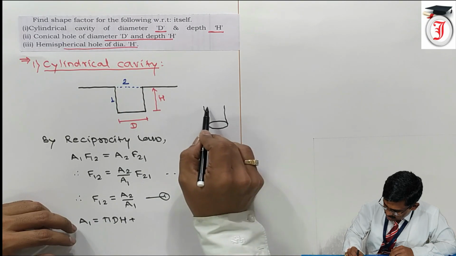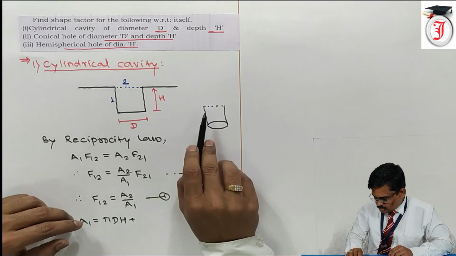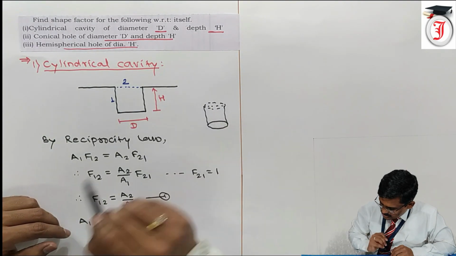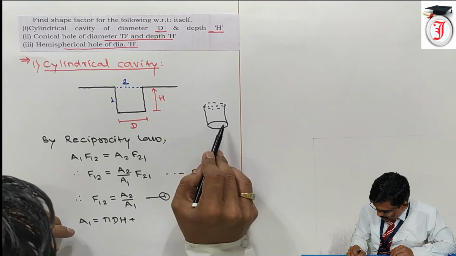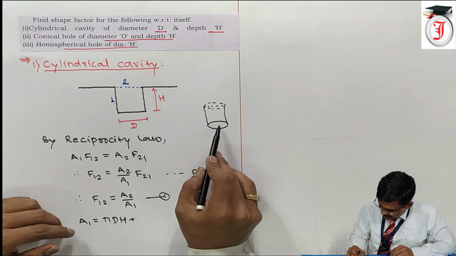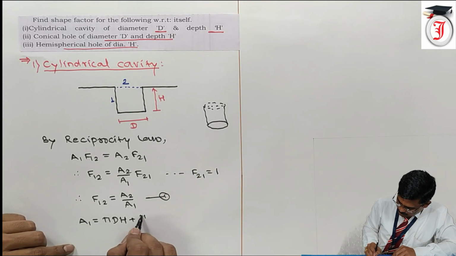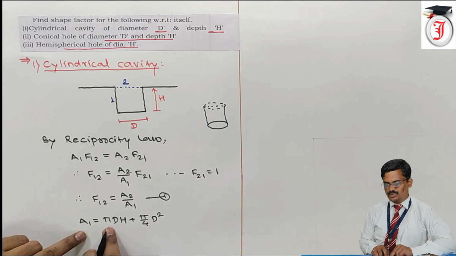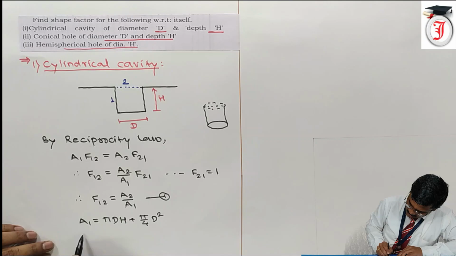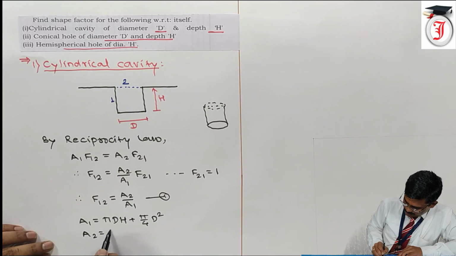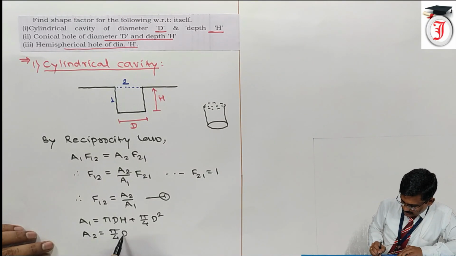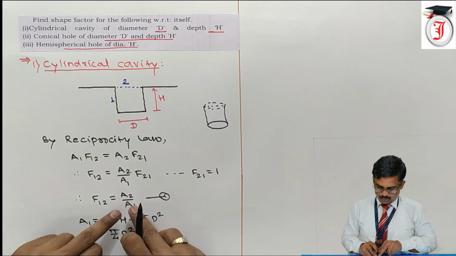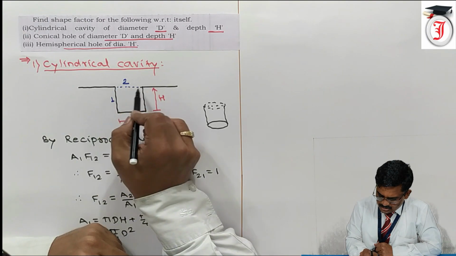This whole surface is an imaginary surface. So A1 is given by pi d h plus pi by 4 d square. Surface area of the second surface is pi by 4 d square, because it is a circular disc.